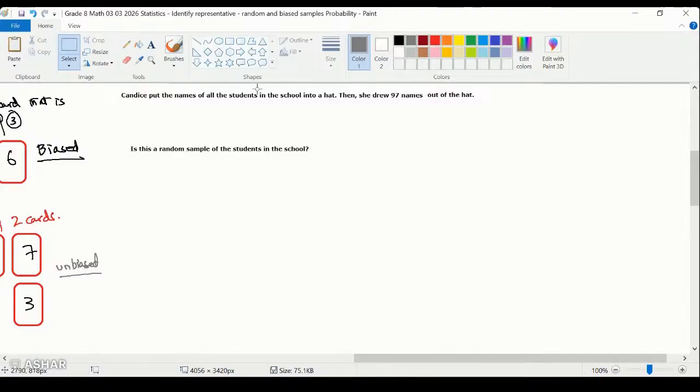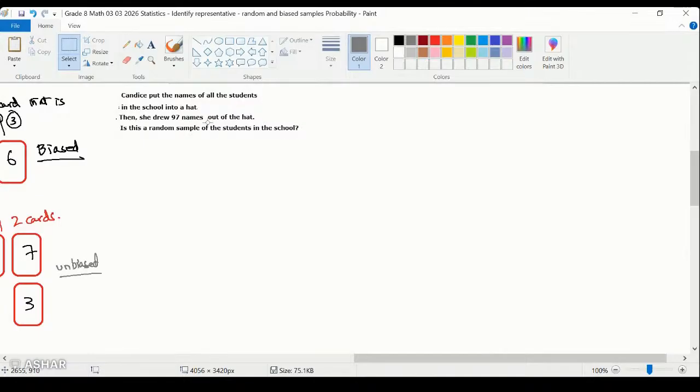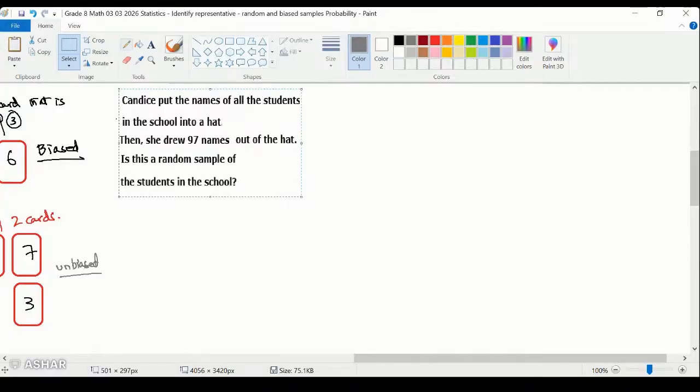Candice puts the names of all the students in a hat. Then she drew 97 names out of the hat. Is this sample of the students random or is it biased? This is question number 6.